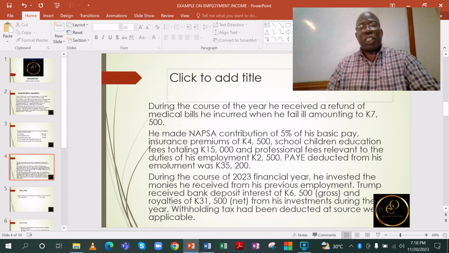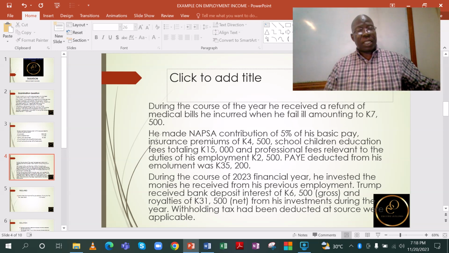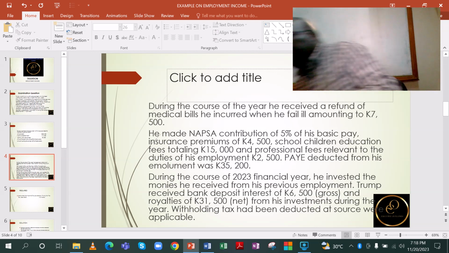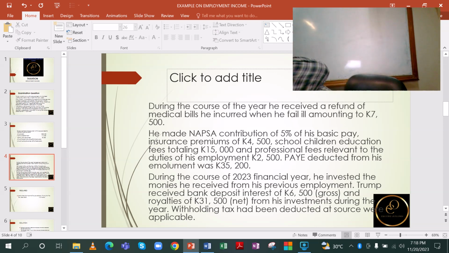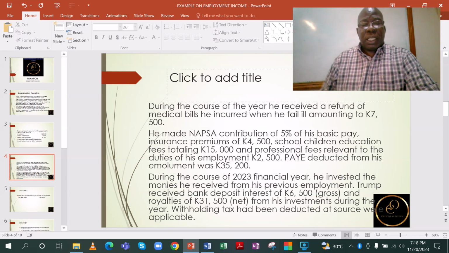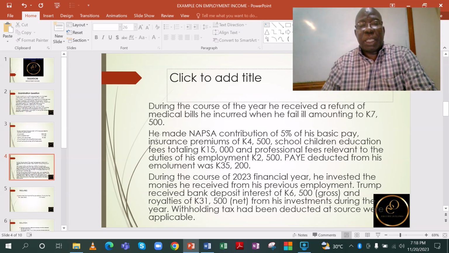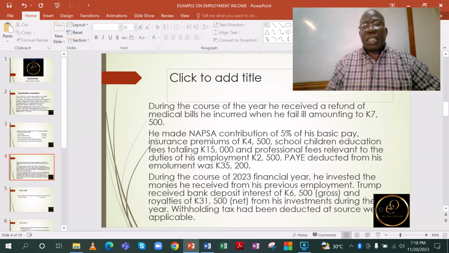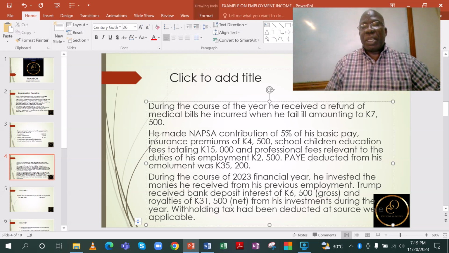The question continues. During the course of the year, he received a refund of medical bills he incurred when he was ill, amounting to 7,500 Zambian kwacha.